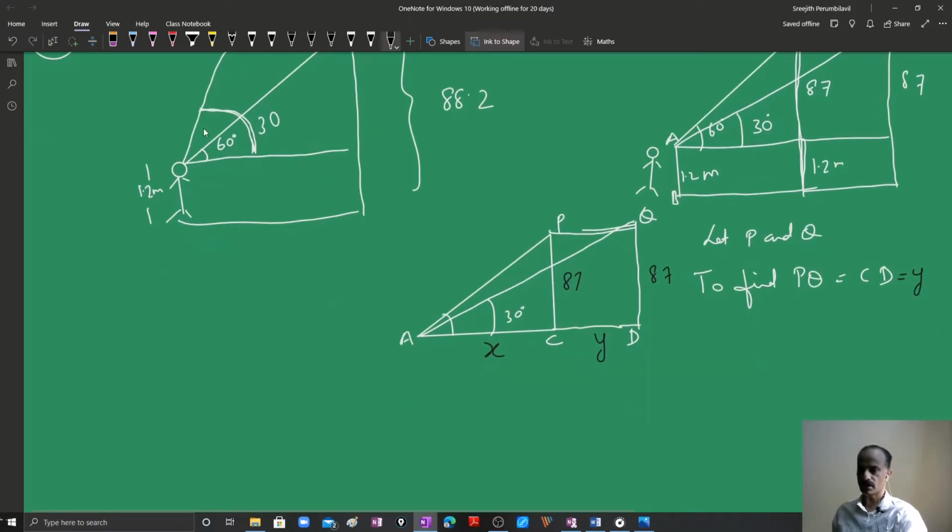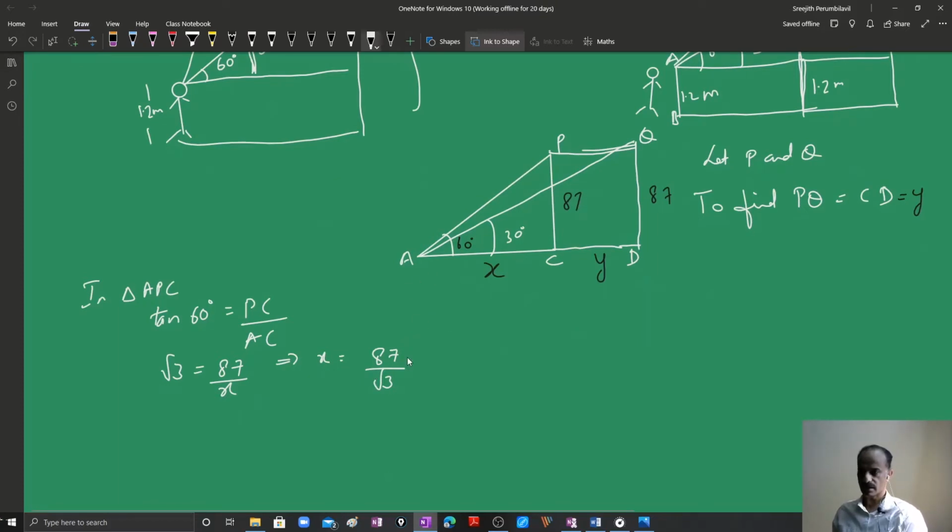Now this first angle is 60 degree, so we take the smaller triangle. In triangle APC, tan of 60 degree, opposite side is PC divided by AC. That is root 3 is equal to PC, 87 meters, by X, which implies X is equal to 87 divided by root 3.